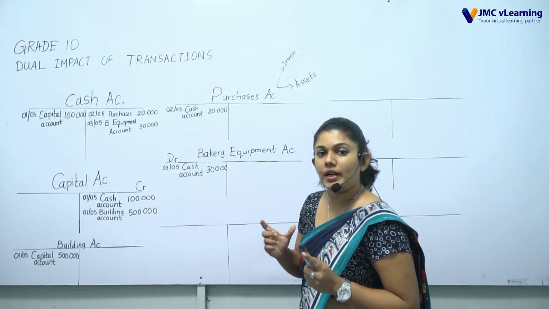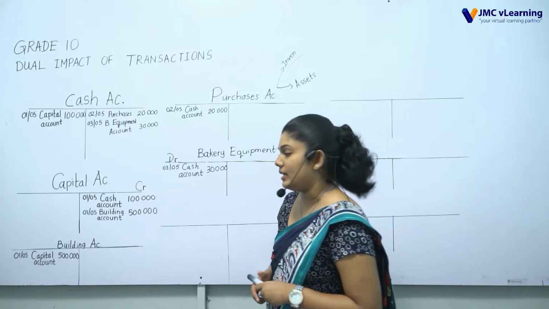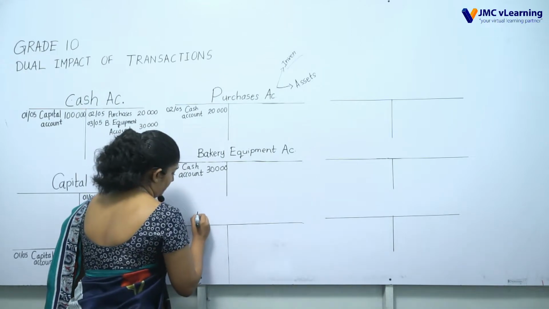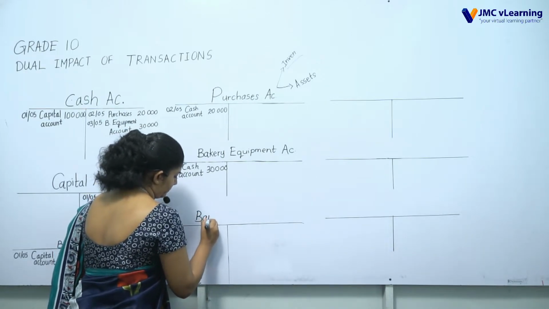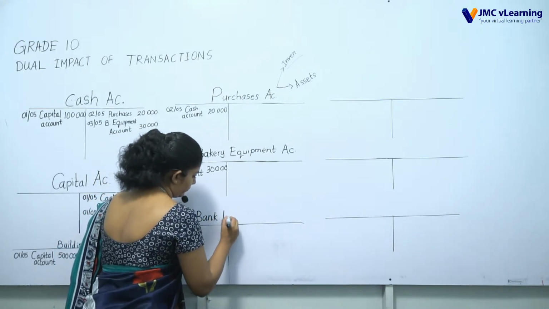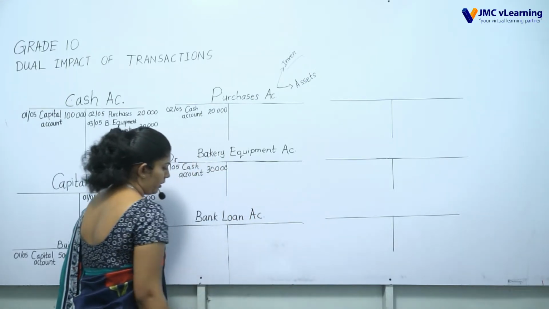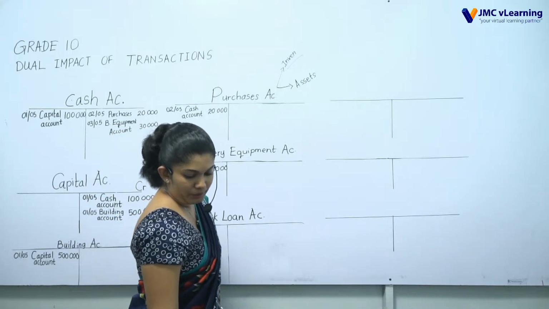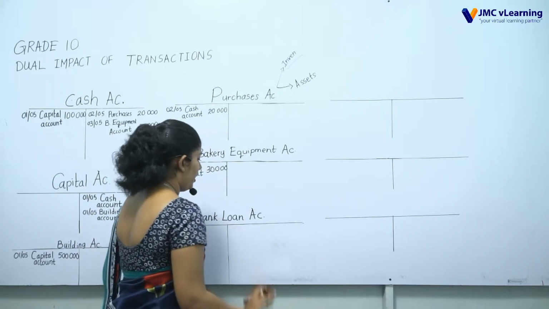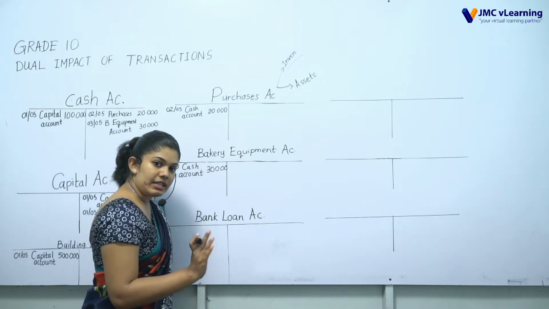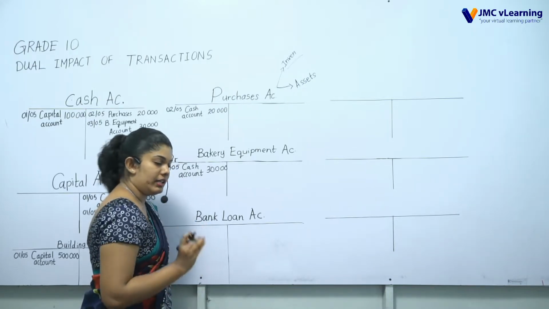So, we have to open up a new account for the new liability. Bank loan account. How much is the bank loan? 100,000. Bank loan is a liability. When liability increases, credit side.